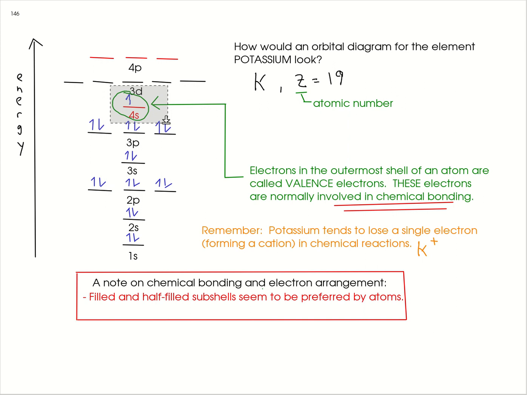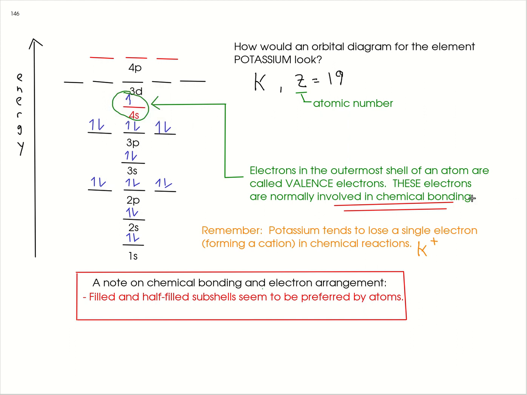The nearest noble gas is back one at 18, so we'd expect potassium to lose 1 electron and form an ion with a charge of positive 1. Well, take a look over here. That last electron that's in the 4th shell, there's one in there. Would it surprise you to learn that that's the one that gets lost to form the potassium ion? Well, probably not at this point.